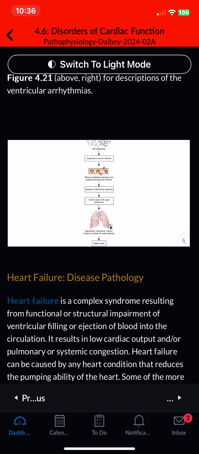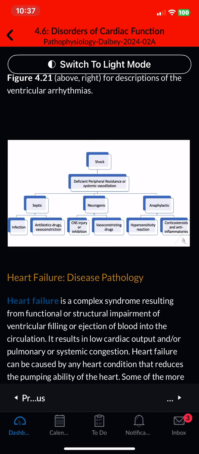So that vasodilation can cause hypotension, hypoxemia, which is a decrease in our oxygen levels, oliguria, which is again a decrease in urine, metabolic acidosis, and thrombocytopenia. And that all leads to septic shock. We can give antibiotic drugs or drugs that cause vasoconstriction to try to counter the vasodilation.